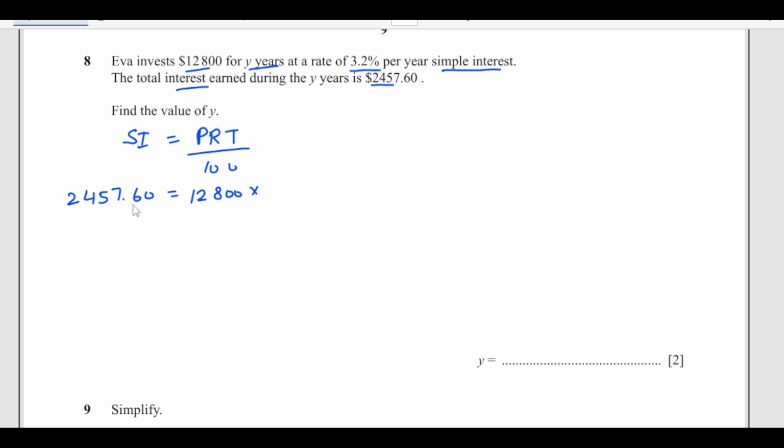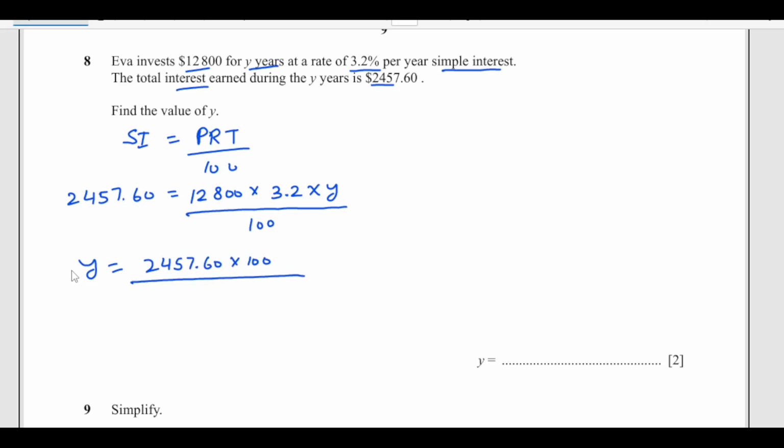Rate of interest is 3.2, number of years is Y, over 100, right? So Y is going to be 2457.60 times 100 over 12,800 times 3.2. So this comes out to be 6.00. So Y is 6 years, right? 6 years.